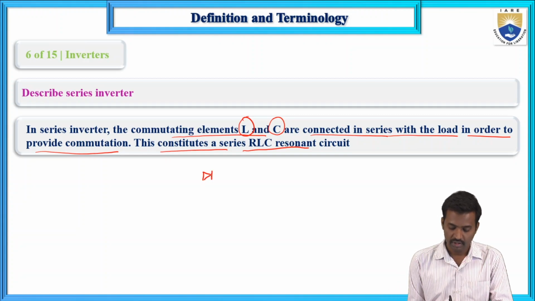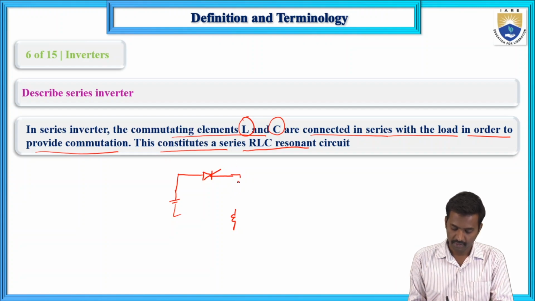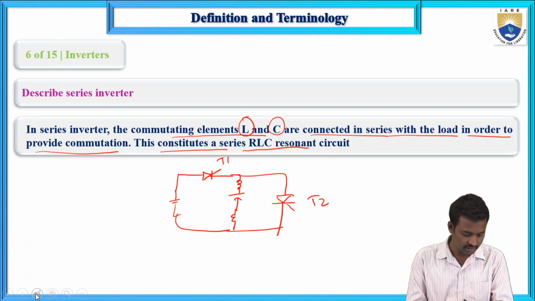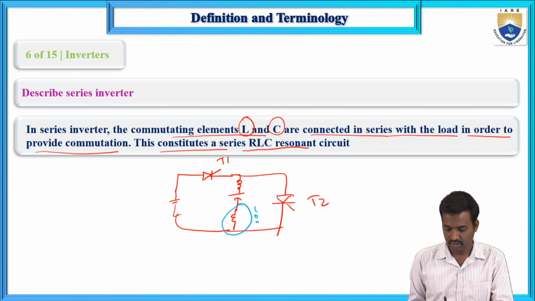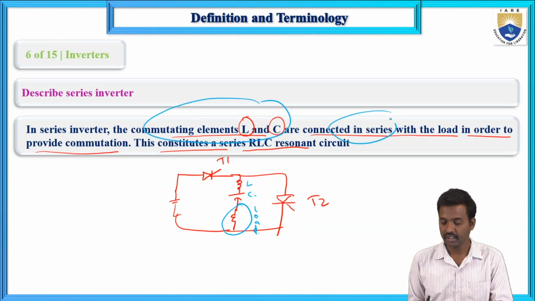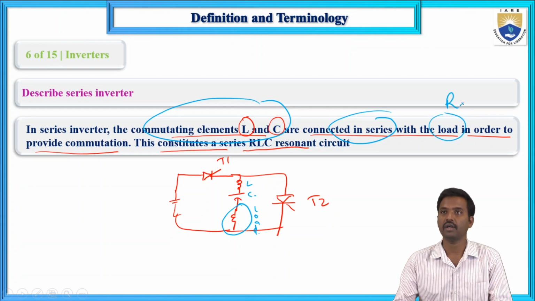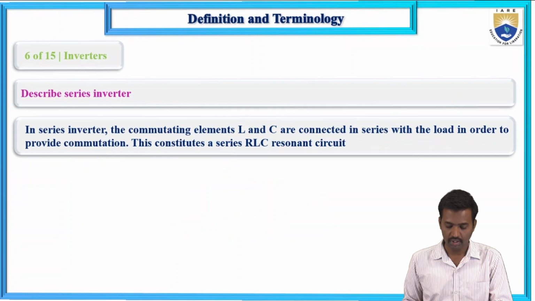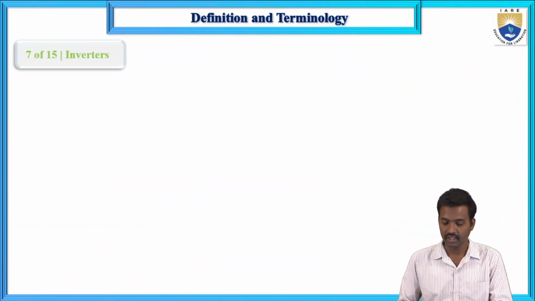Here is the supply, the thyristors T1 and T2, the L and C, and this one is the load R. So the RLC are connected in series.